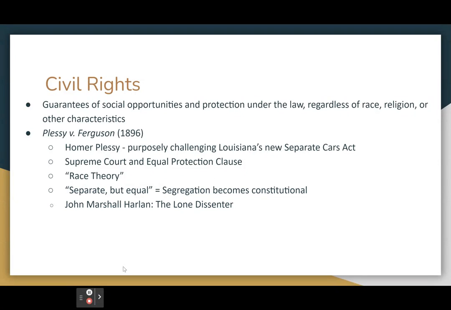The lone dissenter, the guy who voted against this decision, is John Marshall Harlan. And here's the kicker. John Marshall Harlan was once a slave owner. He used to be a slave owner, and he argued that separate but equal is really problematic because separate but equal implied that someone was inferior. And it absolutely does imply that, because you're already separating them, right?